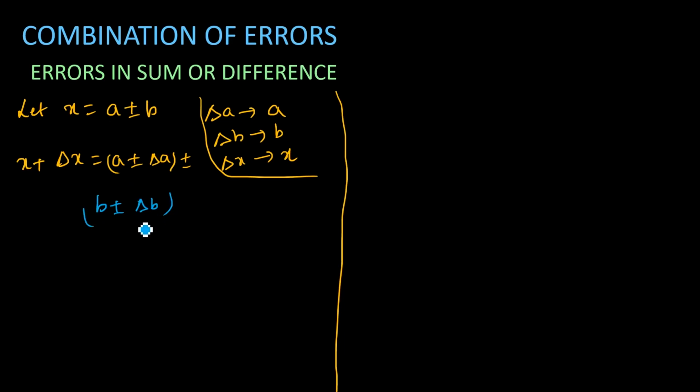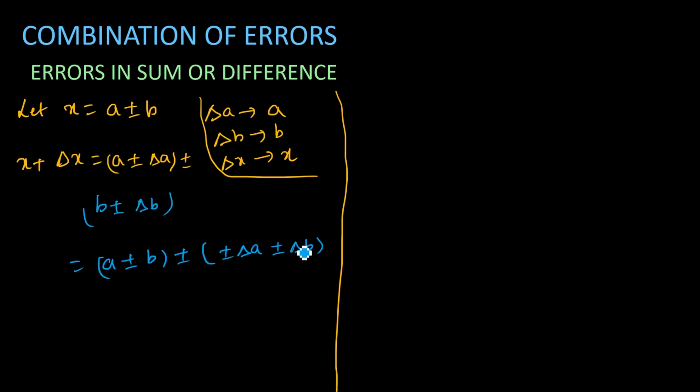So here we can take common a plus or minus b, with plus or minus also there in the middle. Then you will get a plus or minus b, plus or minus delta a, plus or minus delta b.